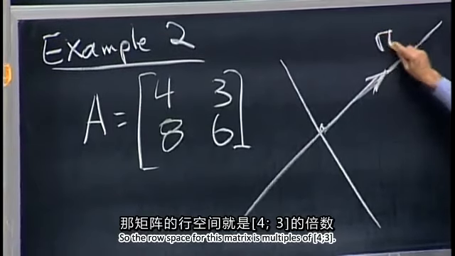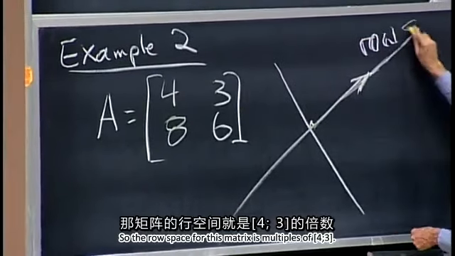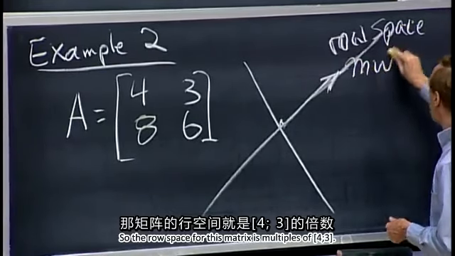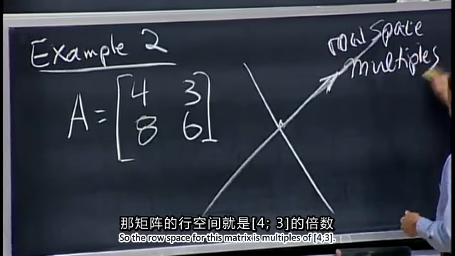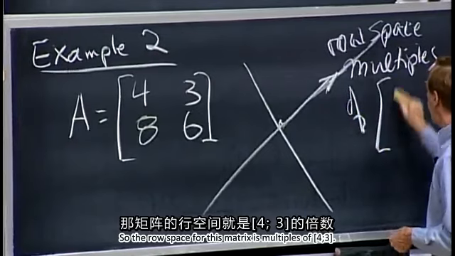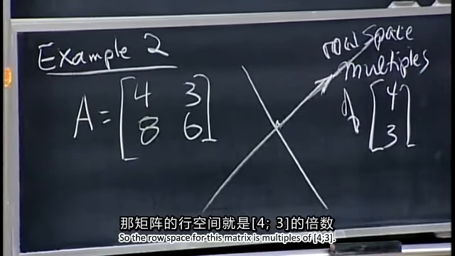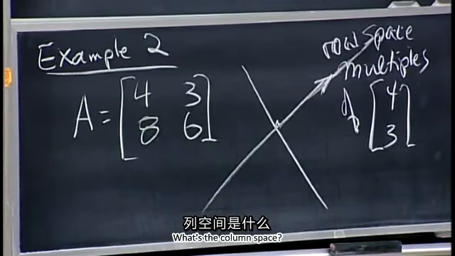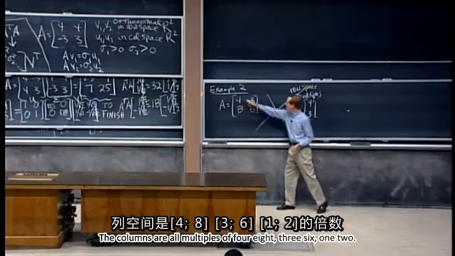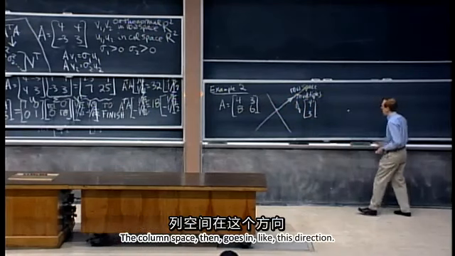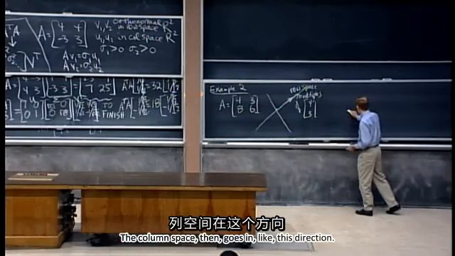So the row space for this matrix is multiples of 4, 3. Typical row. Okay. What's the column space? The columns are all multiples of 4, 8, 3, 6, 1, 2. The column space then goes in like this direction.